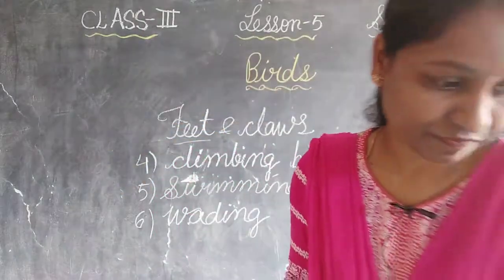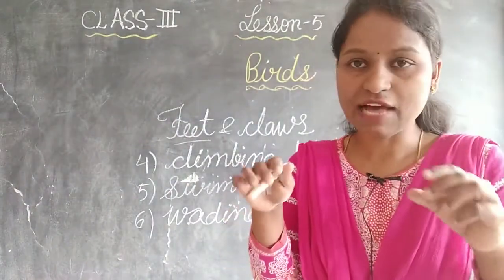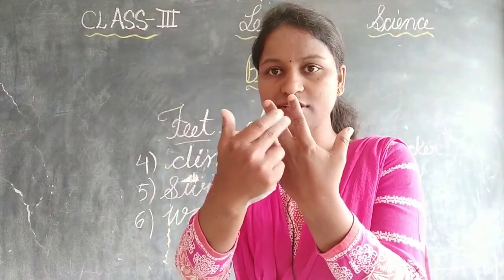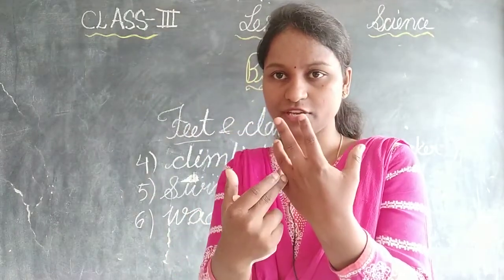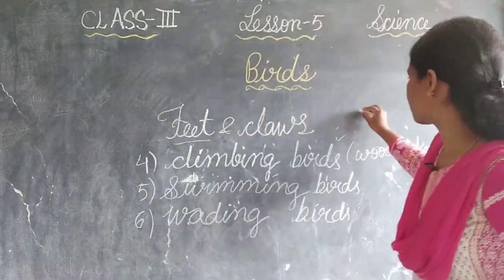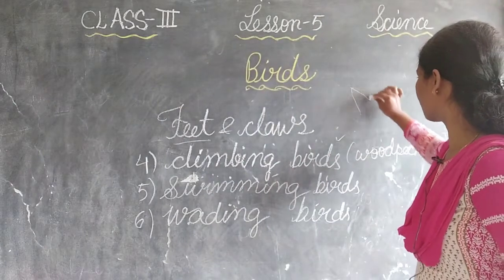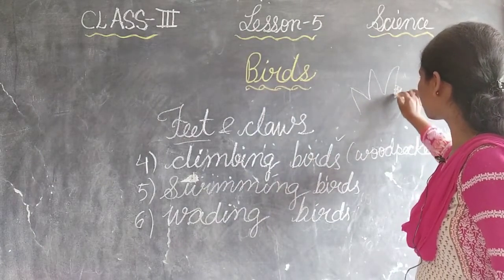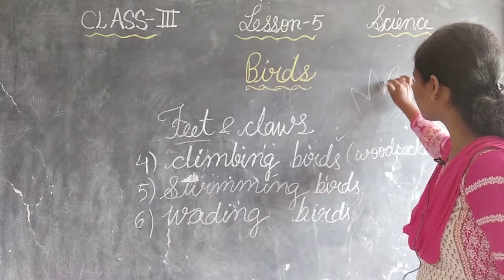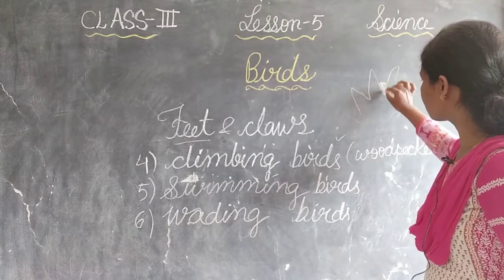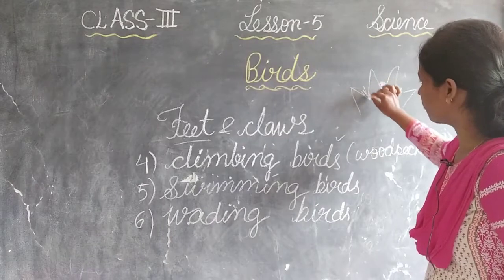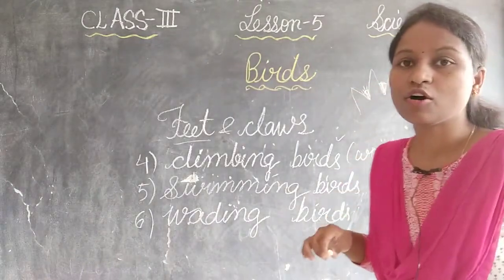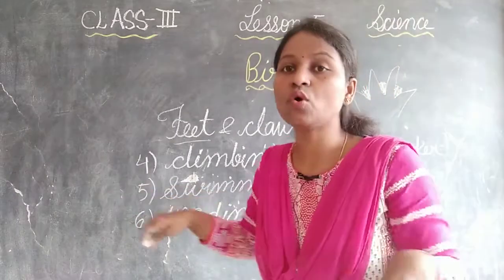They have joined skin between the toes in the webbed feet. I'll show it here, children. If you see webbed feet, the skin is joined to them, and cartilage is present in them. Their skin helps them to swim.